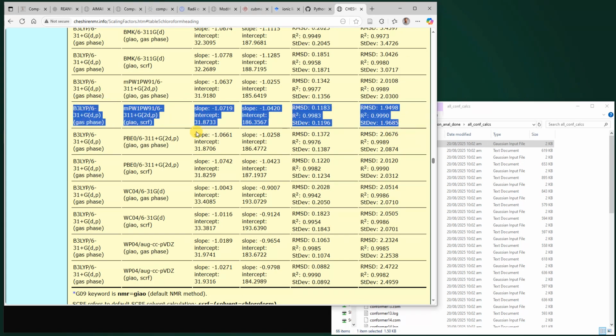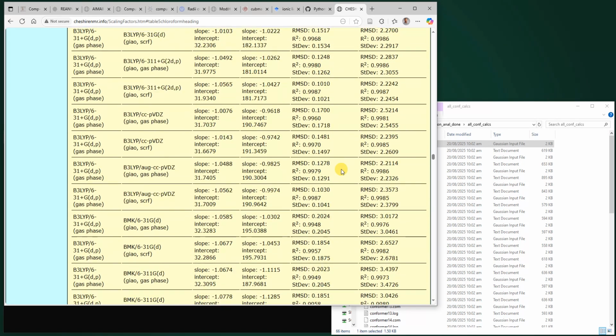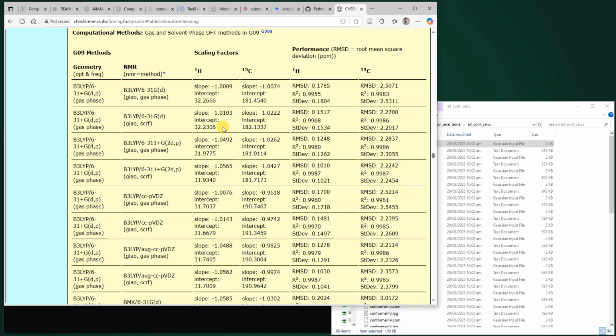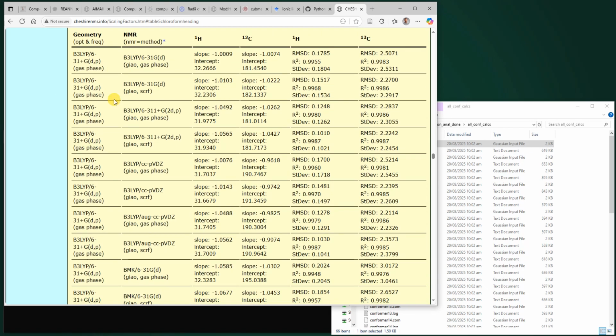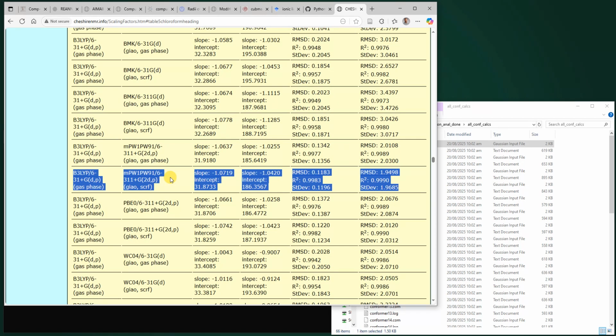You can choose any one. Basically, if you go a bit up, the website is a bit old-fashioned, but you can see that these are the scaling factors for hydrogen and C13 NMR, and these are the methods: geometry and NMR. The first one is geometry, and the second one is the NMR.